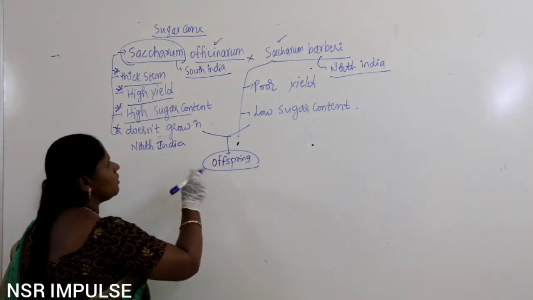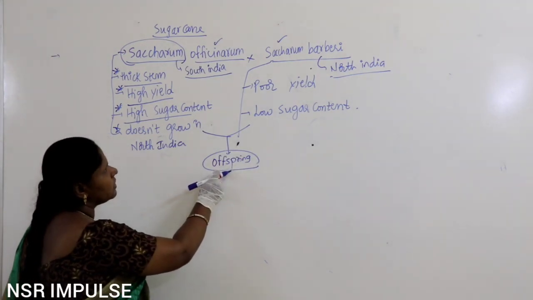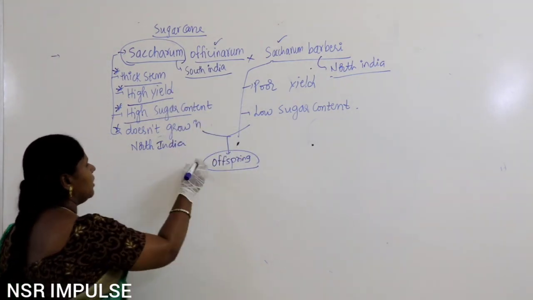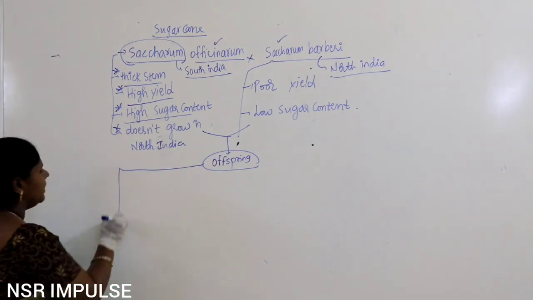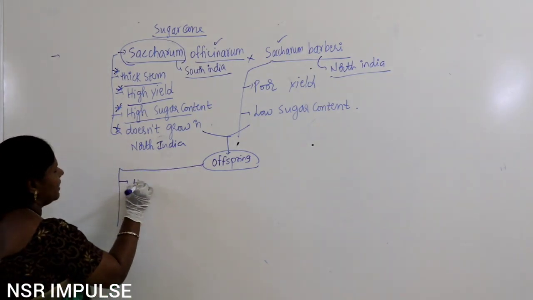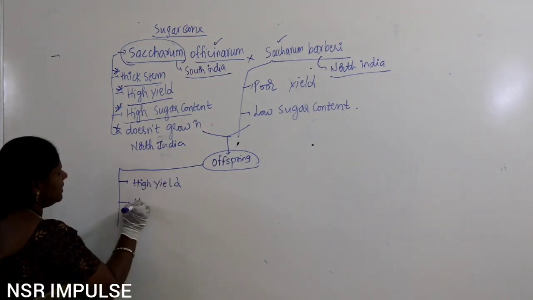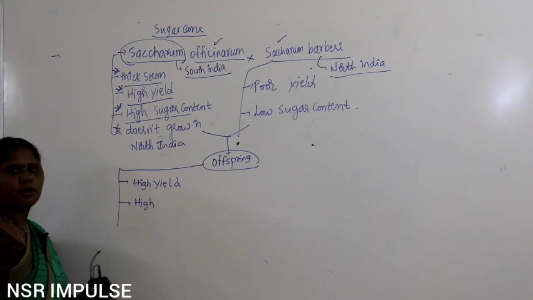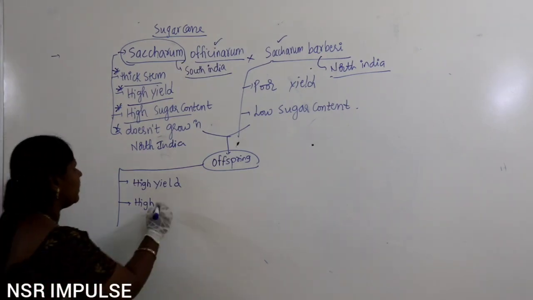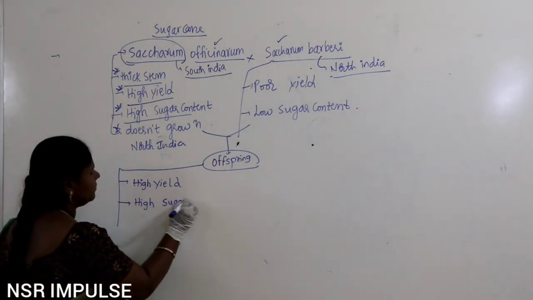Generally, we expect the offspring to have a combination of characteristics of both parents. Now, this particular offspring has the ability to produce a high yield. High yield means, obviously, we talk in terms of sugar. That means we find high sugar content.